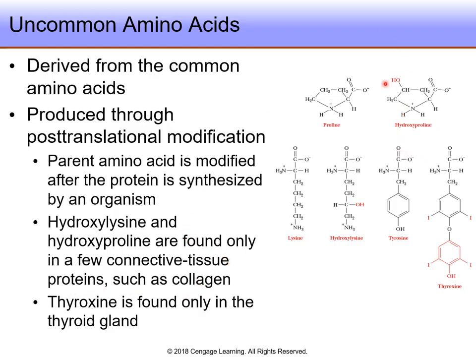So this is your proline and this is your hydroxyproline. And you have lysine and this is your hydroxylysine. The third example is thyroxine. Tyrosine is a precursor of thyroxine, which is found only in the thyroid gland.